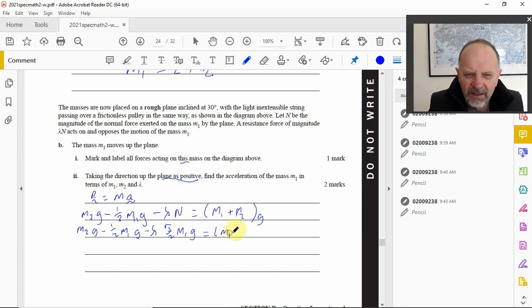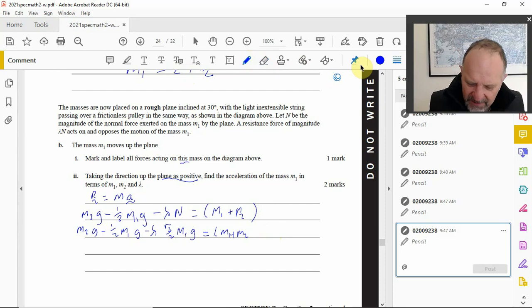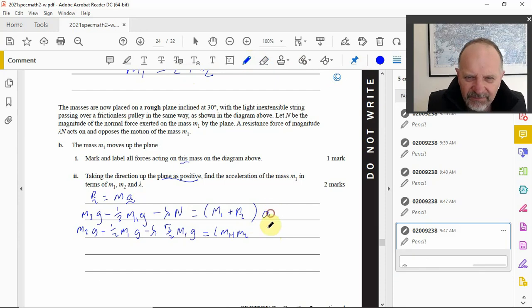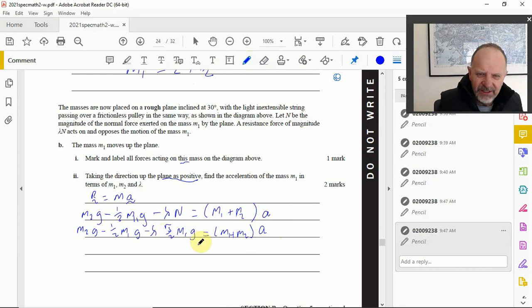All right, equals M1 plus M2 times A, not G. What am I doing? Silly, acceleration. Mass times acceleration. Acceleration's not G. Sorry about that. So mass times acceleration. We want to know what the acceleration is.